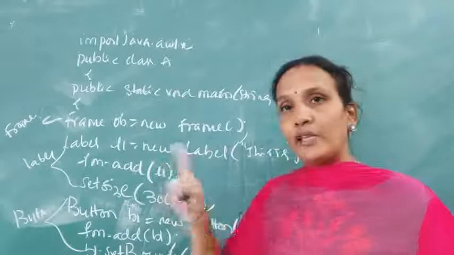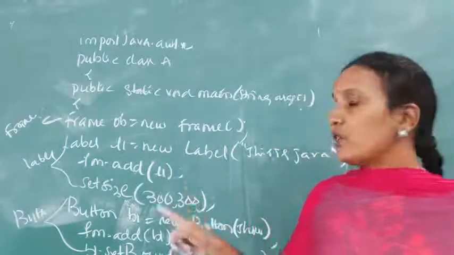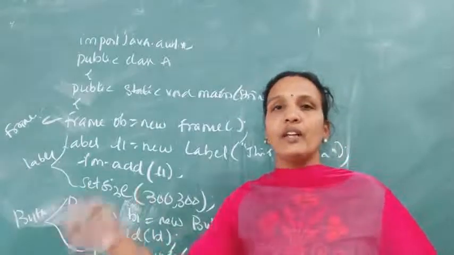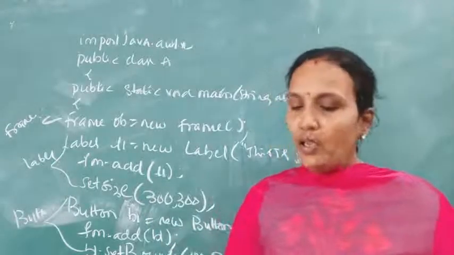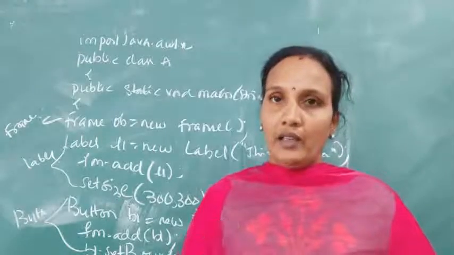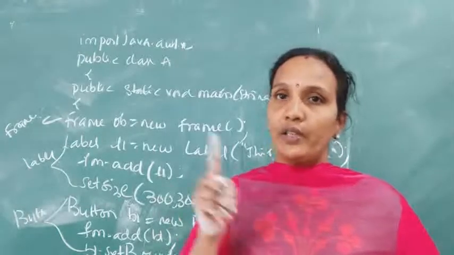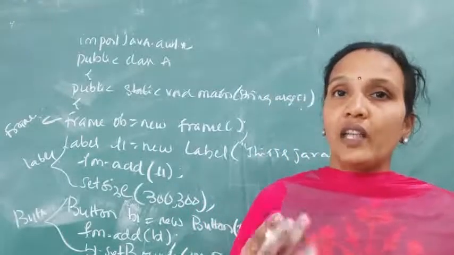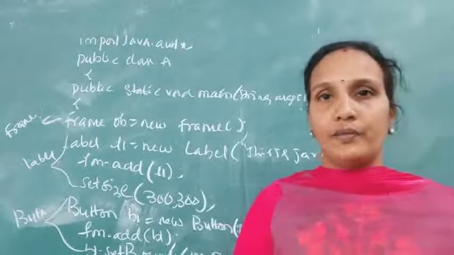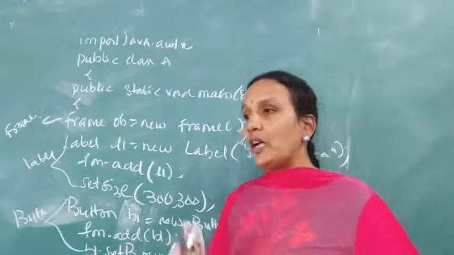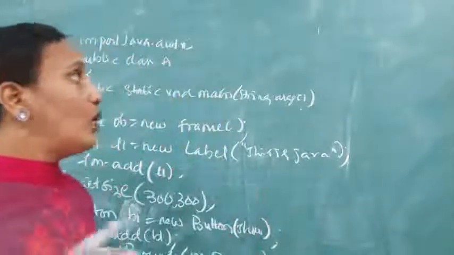Next, you need to give the size of the frame, and next you need to give the size, meaning the boundaries, of the component you are adding on the screen. So object creation is important. Next, adding that component object to the frame, and giving the size of the frame. Next, give the boundaries of the component. These are very important when you are adding any component on the browser.